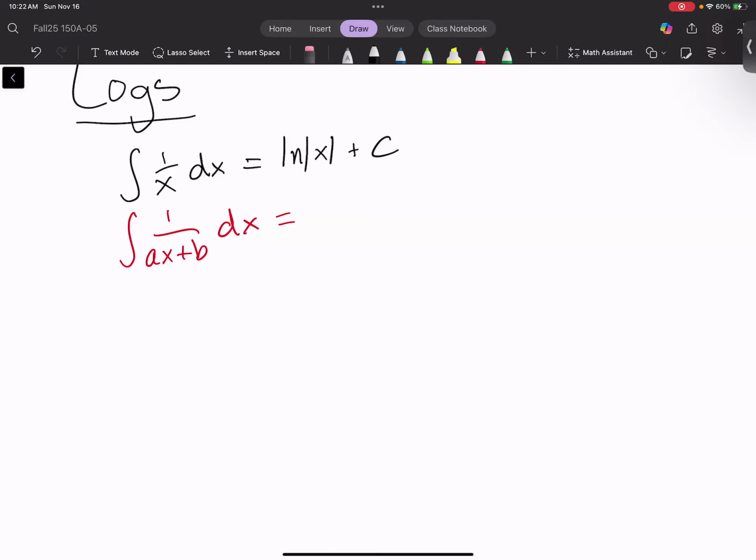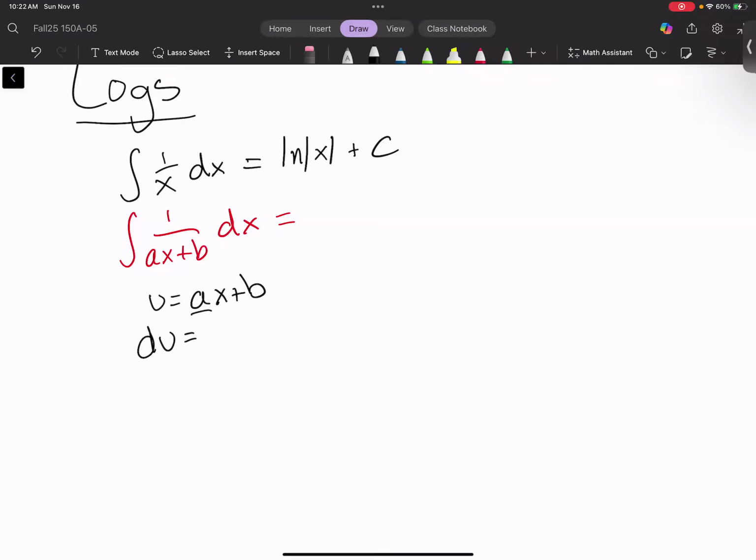What would this integral be? Well, I'm not sure. I mean, I know it's going to be something like a natural log, right? We're in the log section, but how are we going to get it? Well, the denominator is the inside part, so we can do u equals ax plus b, right? A and b are just numbers. So then du, what's the derivative of ax plus b? Well, you can imagine it like maybe 5x plus 7, right? What's the derivative of that? It's going to be 5.